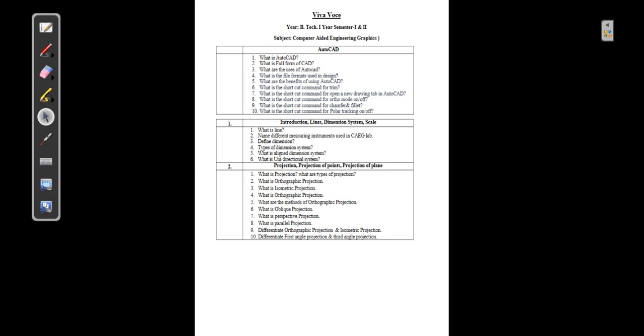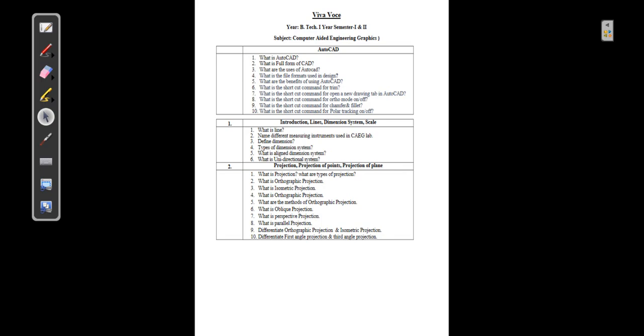Now, name the different measuring instruments used in the computer aided engineering graphics lab. If you have completed the drawing and you want to measure, we can go through the scale or dimension tool. There we can easily measure, or we can use the compass, and we can use a tri-square or set square.